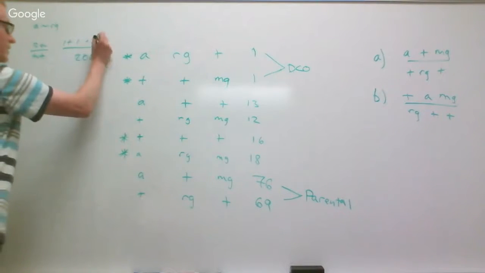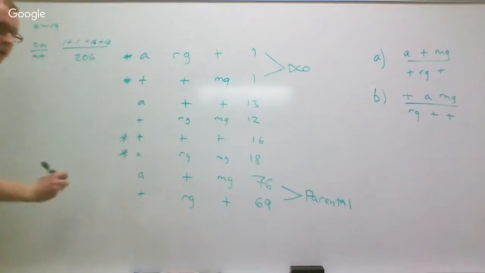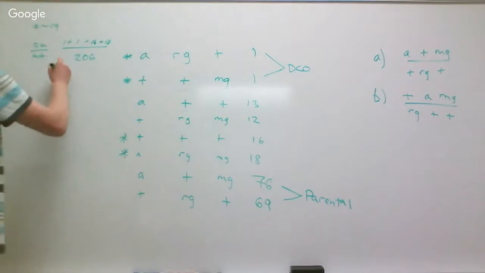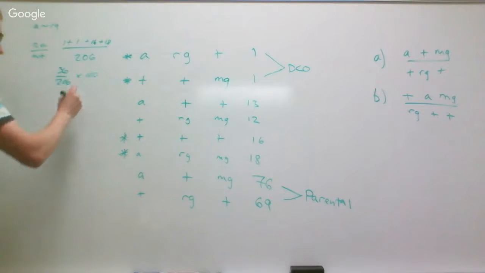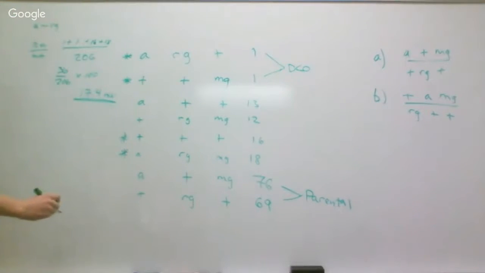And so we're going to put our 16 and our 18 right here, which will give us 36 over 206, and we'll multiply that by 100, which will give us about 17.48 MU. And so that's the distance between the AG and the RG.